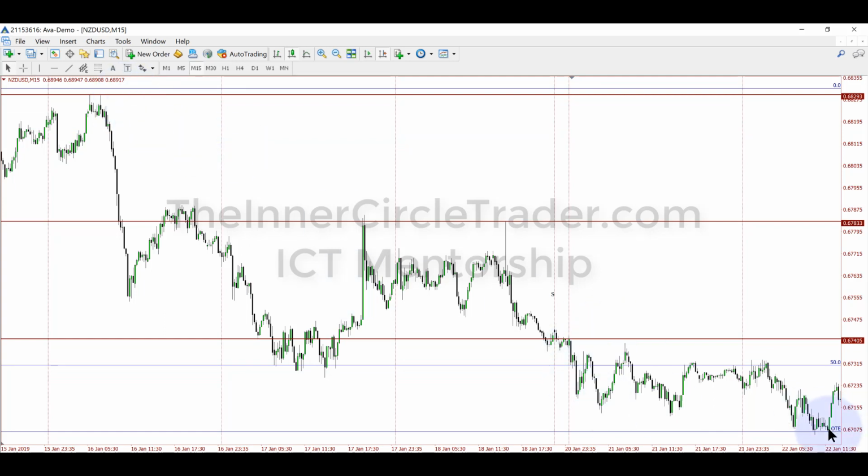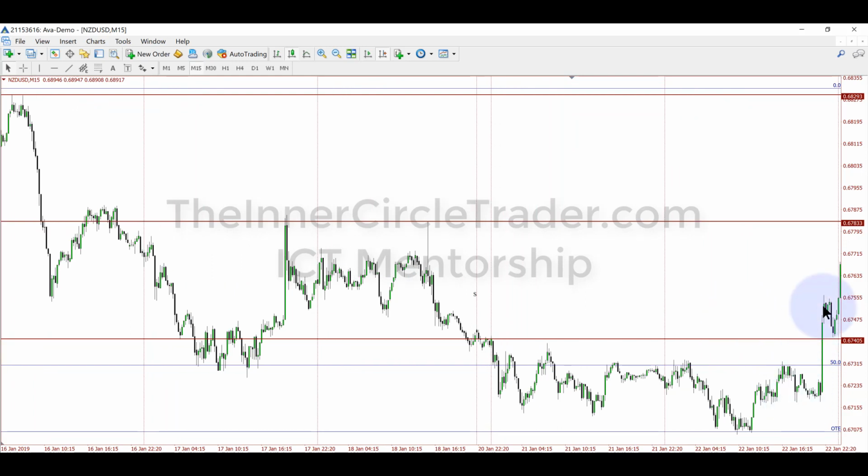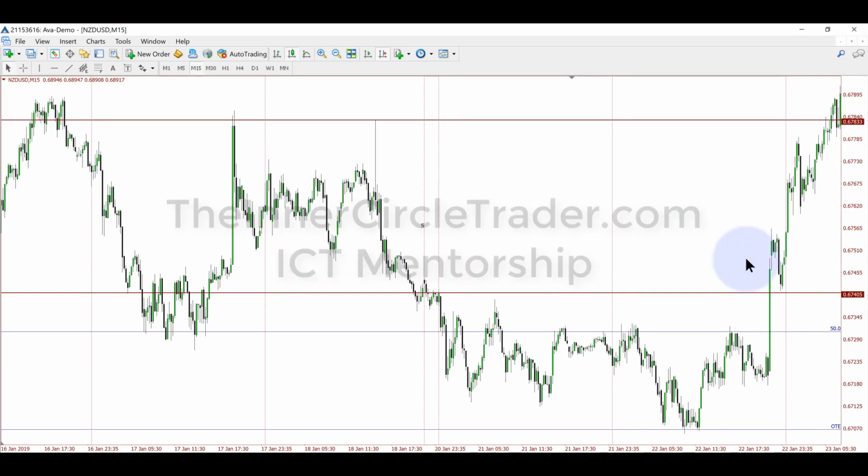So we have our New York Open scalping setup here. Buy. Price runs up. Surges up. Clears that Monday's high. Clears the Friday's high.